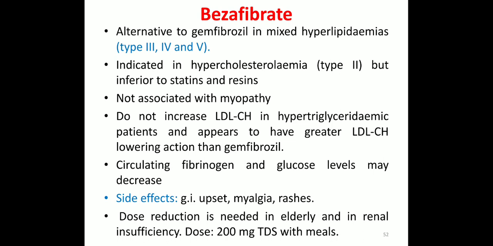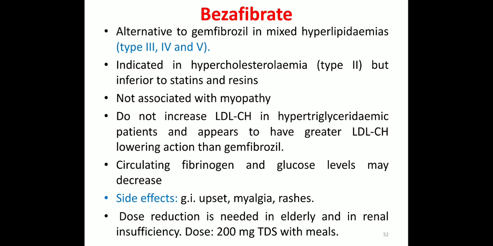It does not increase LDL cholesterol in hypertriglyceridemia patients and appears to have greater LDL cholesterol lowering action than gemfibrozil. LDL cholesterol is increased, which is less likely seen with bezafibrate. Circulating fibrinogen and glucose level may be decreased, and side effects are GI upset, myalgia and rashes.